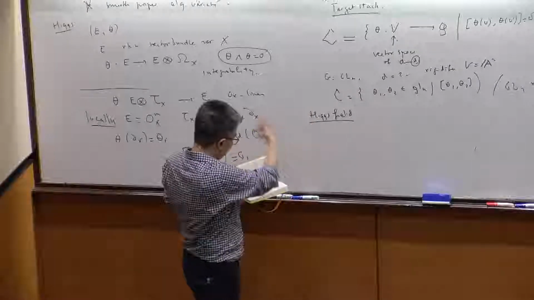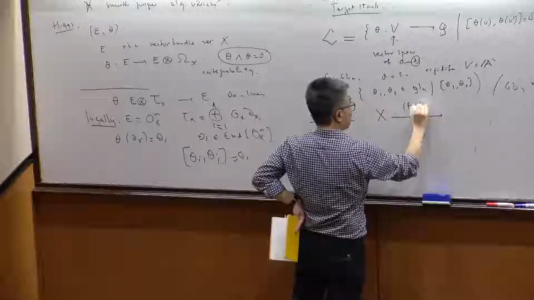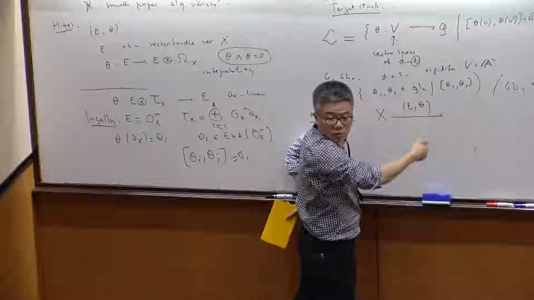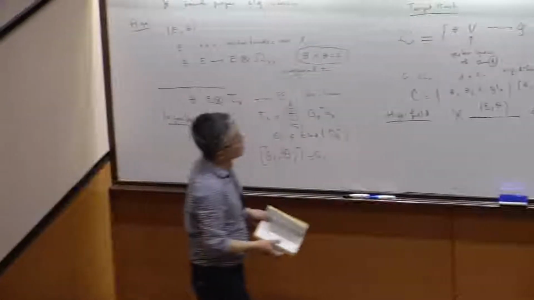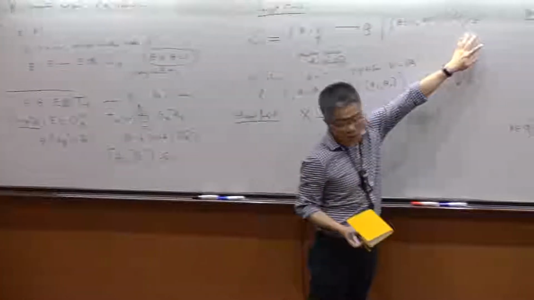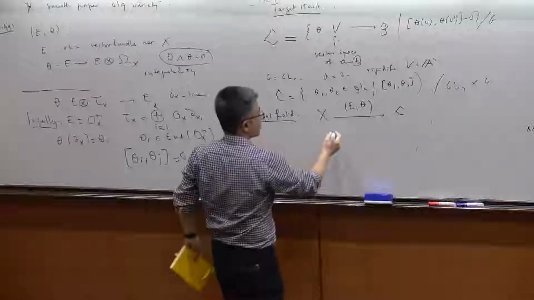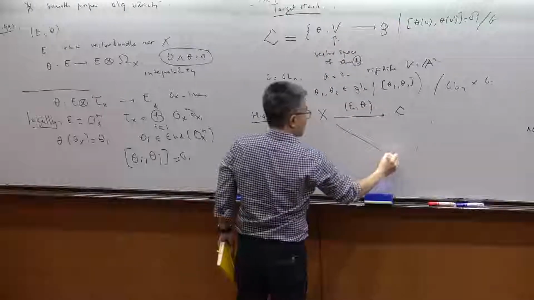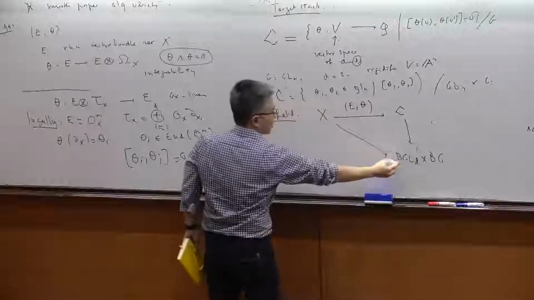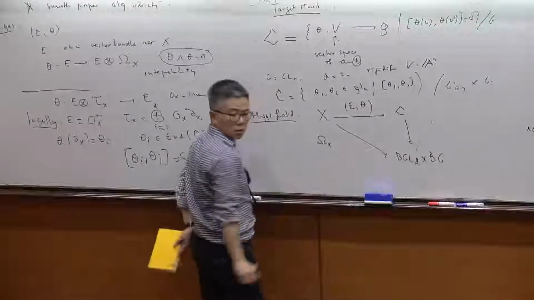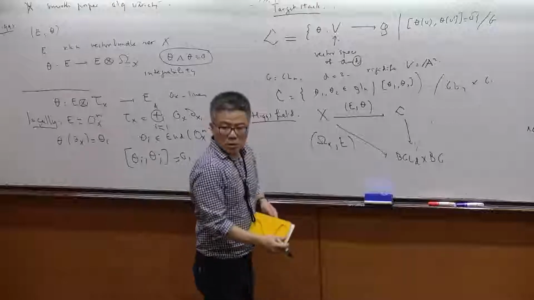If we follow this kind of logic, it's just a map from X, from (E, θ), to this commuting stack C. So C is divided by G, and also has the action of GL_d. This maps to V, and this maps to BGL_d times BG. On BGL_d, we get the Ω_X, and on BG, you have E. So this is the map.